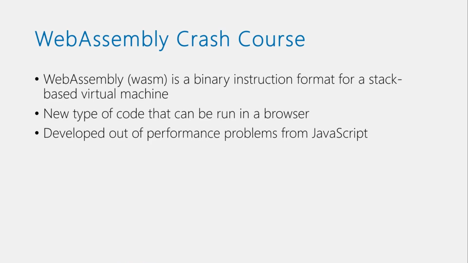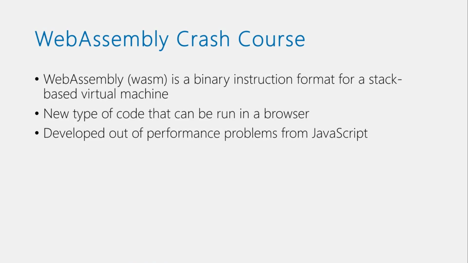Basically, WebAssembly is a binary instruction format for a stack-based virtual machine. What does that mean? That's basically the same thing as what JavaScript is. JavaScript is a stack-based virtual machine that runs in your browser. WebAssembly is now a different type of stack-based virtual machine that can run in your browser. And this is basically a new type of code that can be run in your browser.